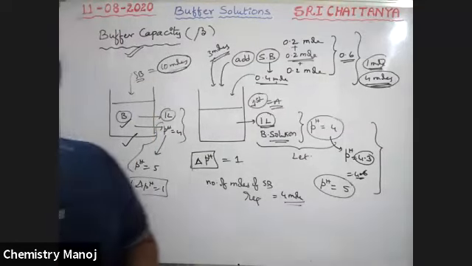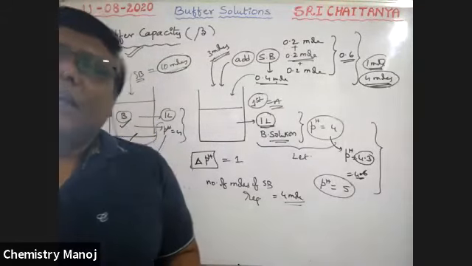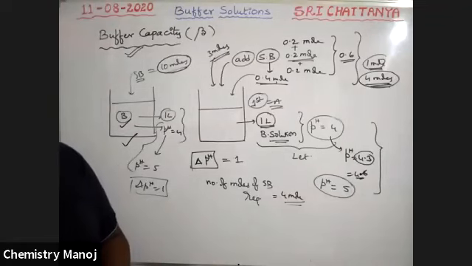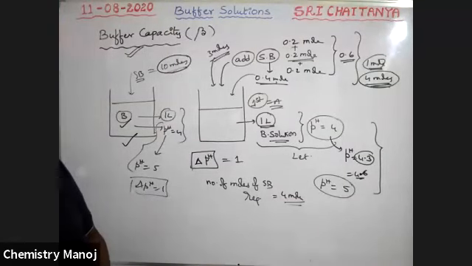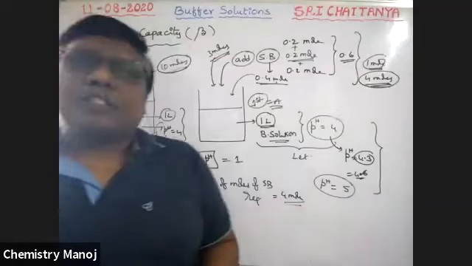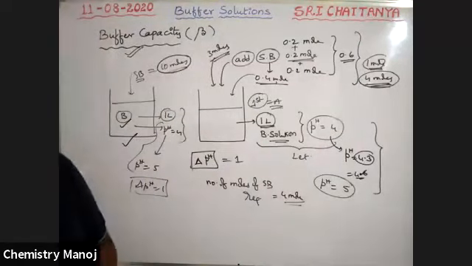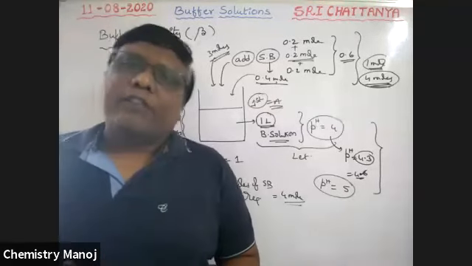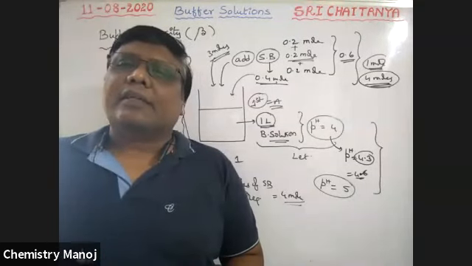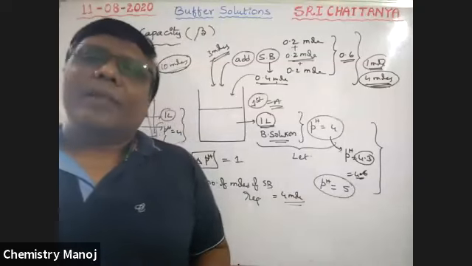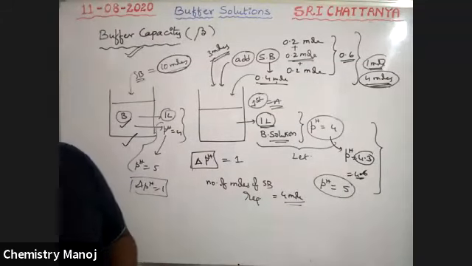It is better to go with, not number of moles, my dear boys, number of gram equivalents. The number of gram equivalents of the strong acid or strong base required for 1 liter buffer solution to change its pH value by 1 unit is called buffer capacity.